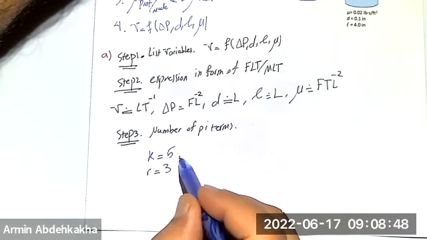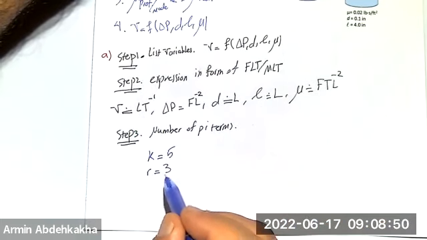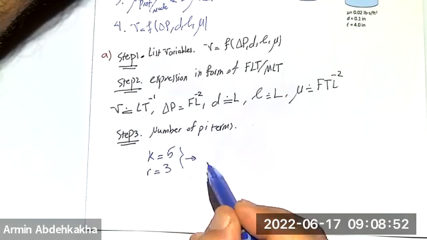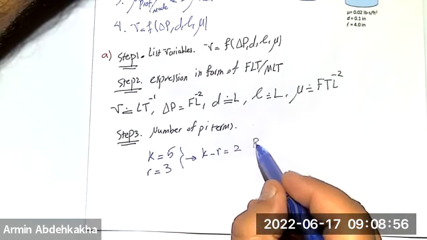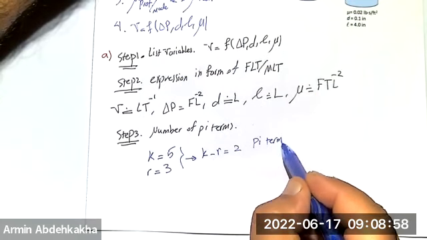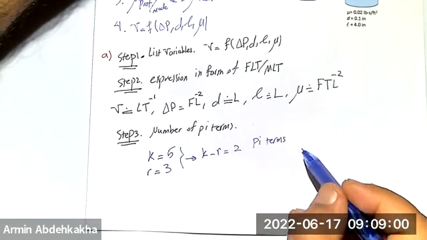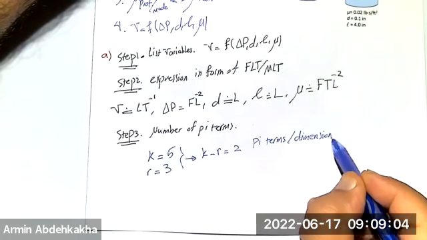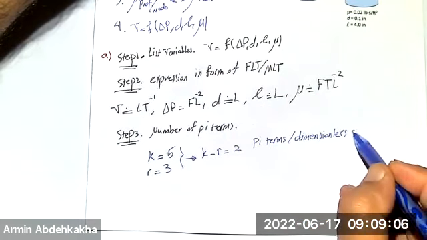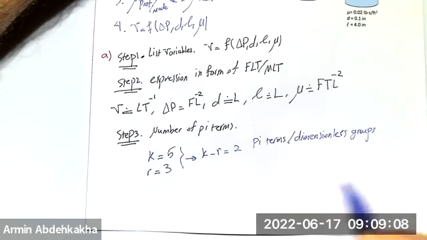So 3. And using these two, K minus R is going to be 2. These are going to be your number of pi terms or dimensionless groups.